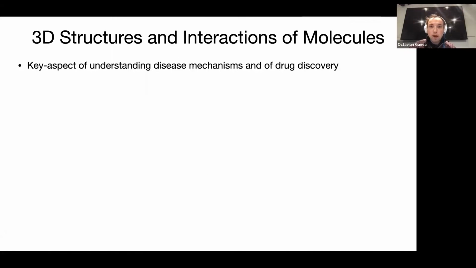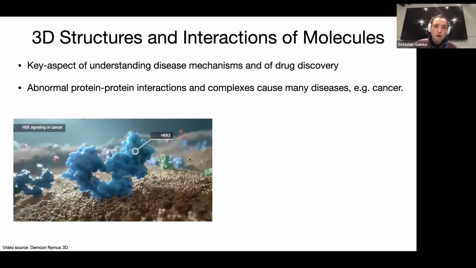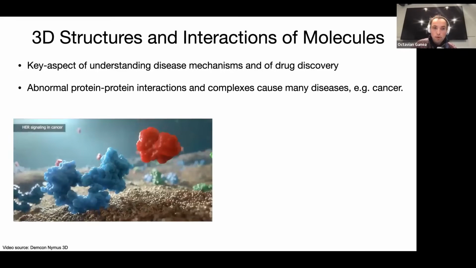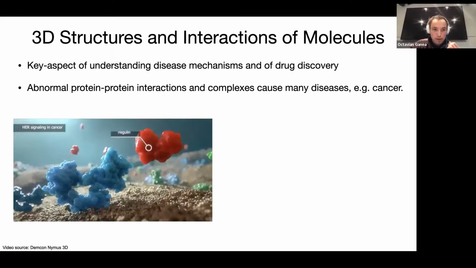So why are we interested in 3D structures and interactions of molecules? This problem is a key aspect of understanding the mechanisms of diseases in our body or animal bodies, and also of accelerating drug discovery. I want to show a motivating video where we see abnormal protein-protein interactions.